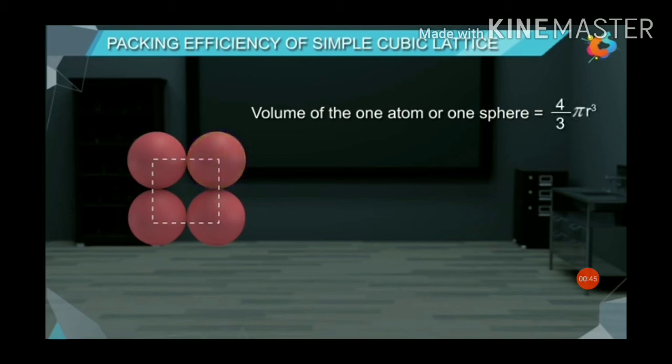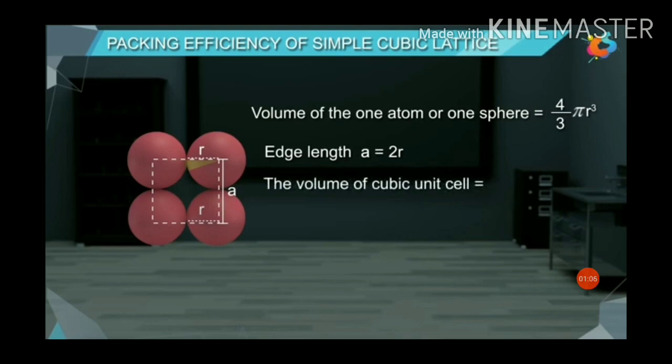Here, r is the radius of the sphere and a is the edge length of the cube. Then the edge length a is equal to 2r. The volume of the cubic unit cell is a cube, which is (2r) cube, equal to 8r cube.